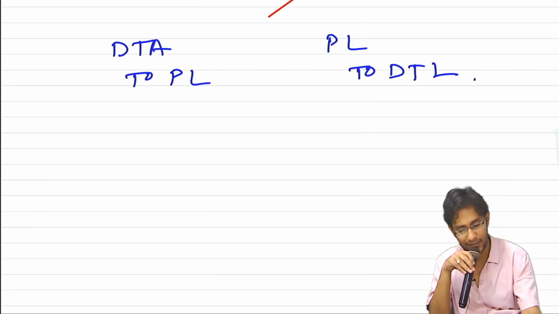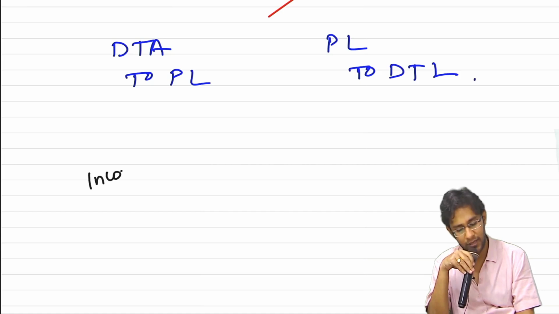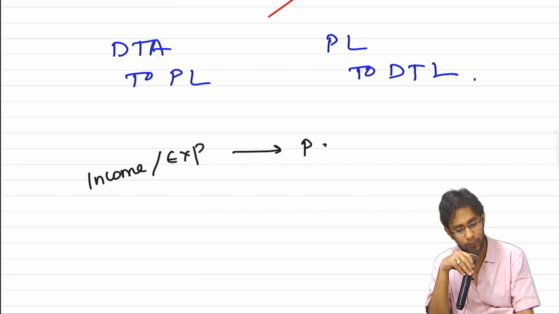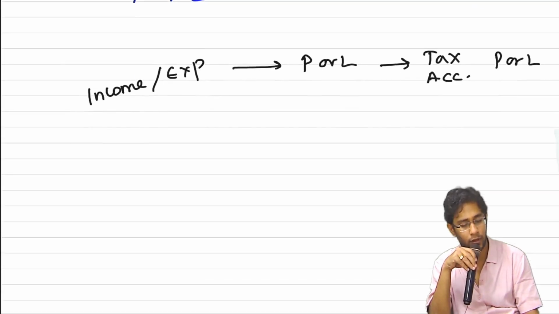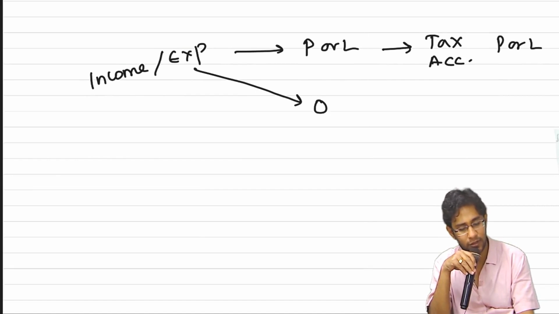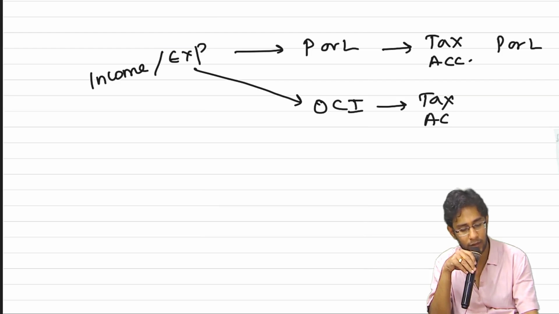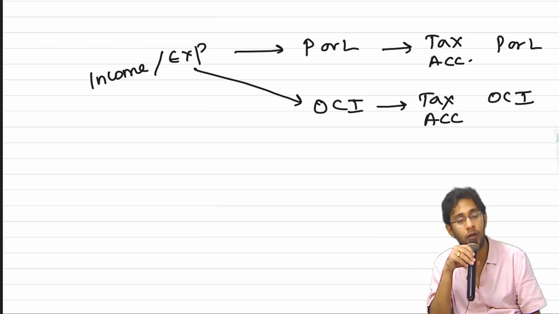What Ind AS 12 says is, if the income or the expense is recorded in P&L, then the tax accounting also should be done in P&L. If this income or expense is recorded in OCI, then tax accounting also should be done in OCI.